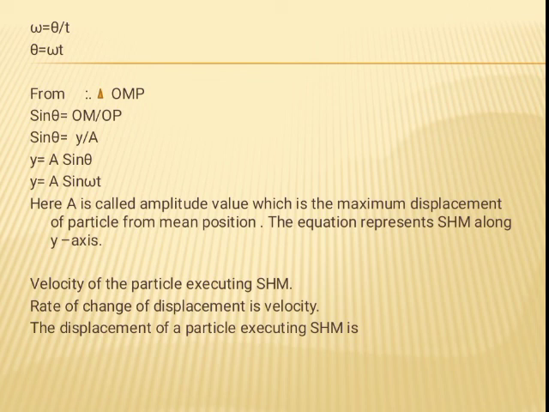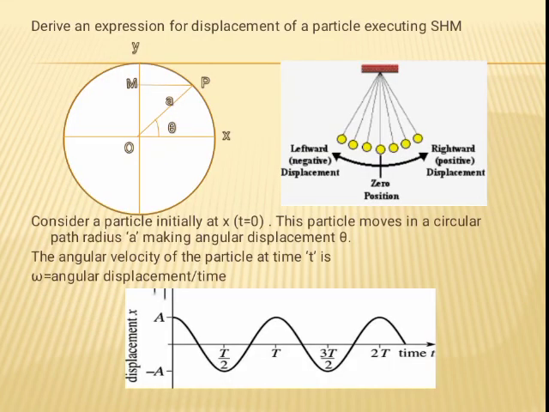Now here you can see that A is the amplitude. Amplitude means the maximum displacement of a particle from its mean position. If I consider this to be the simple harmonic motion, this point is the maximum positive displacement.